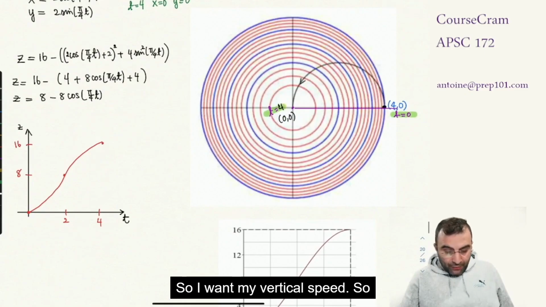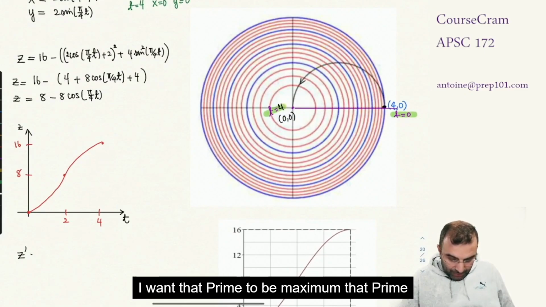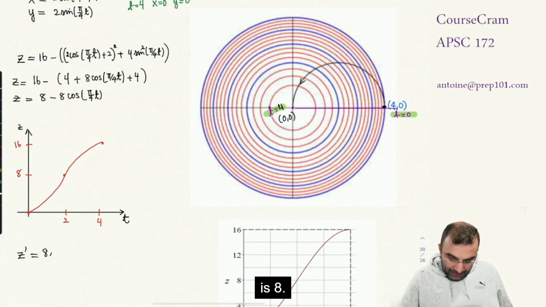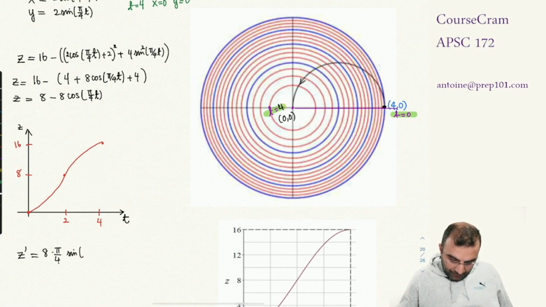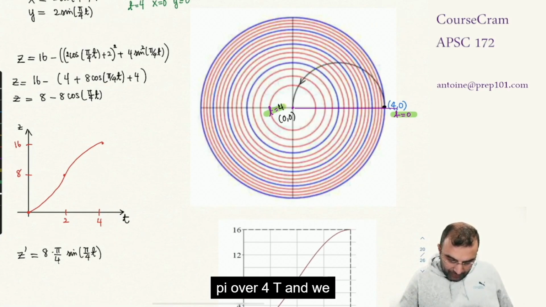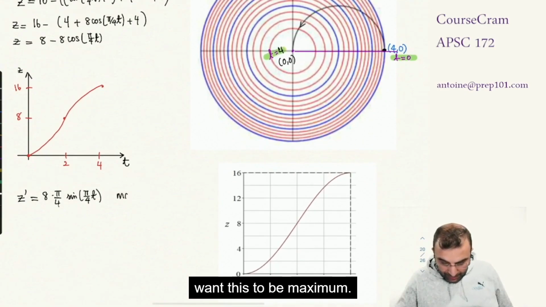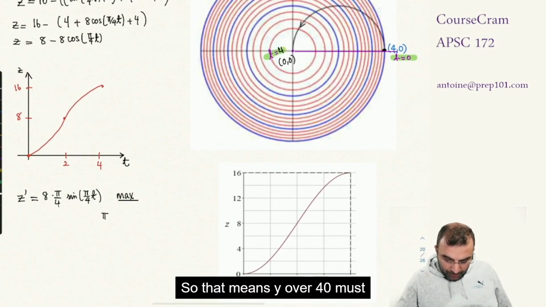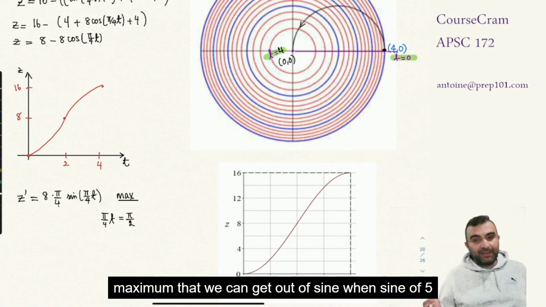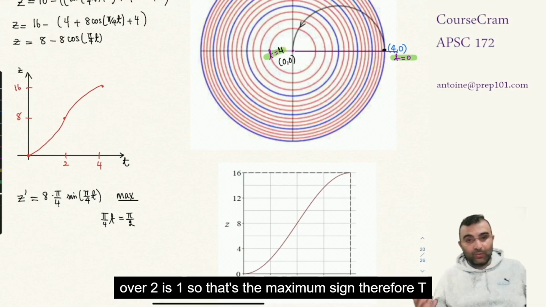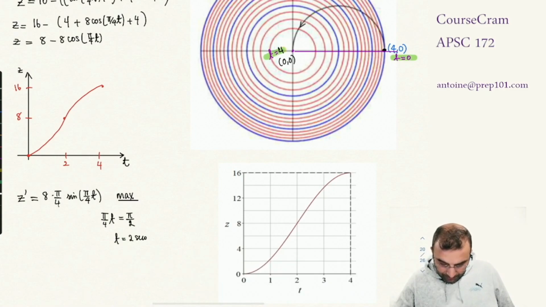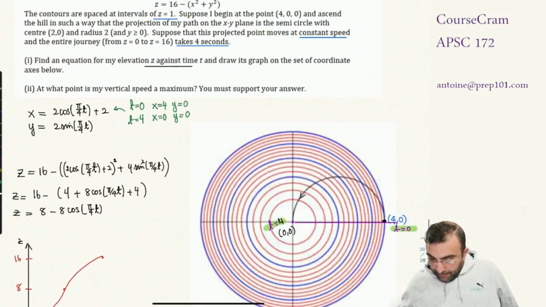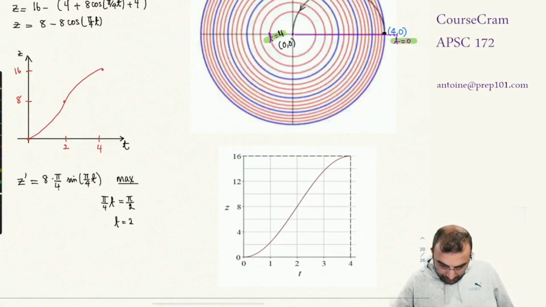So I want z prime to be maximum. z prime is 8 times pi over 4 sine pi over 4t, and we want this to be maximum, so that means pi over 4t must be pi over 2, because that's the maximum that we can get out of sine, since sine of pi over 2 is 1. Therefore t is equal to 2 seconds.